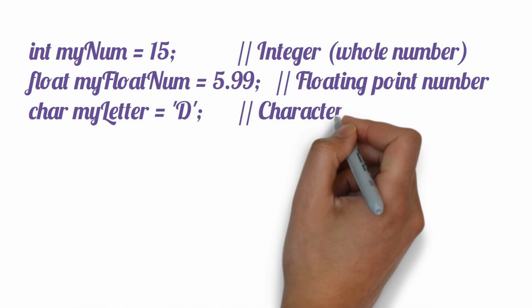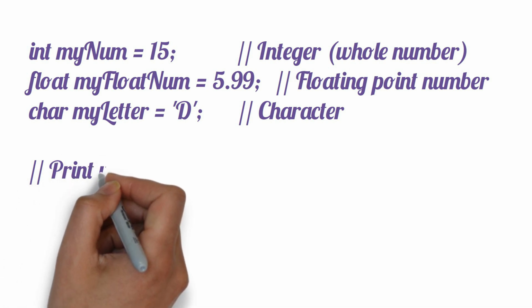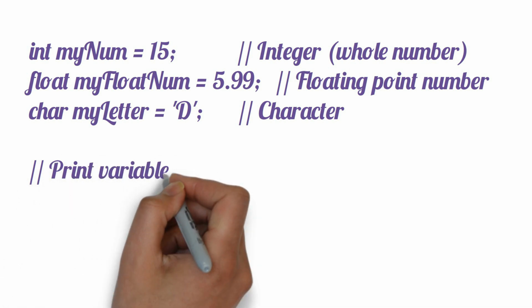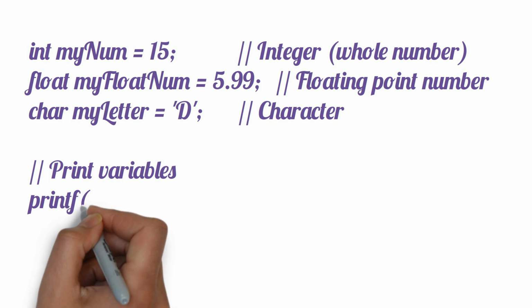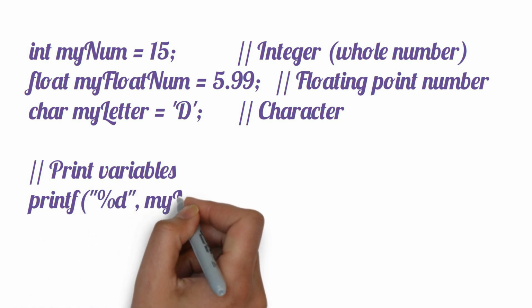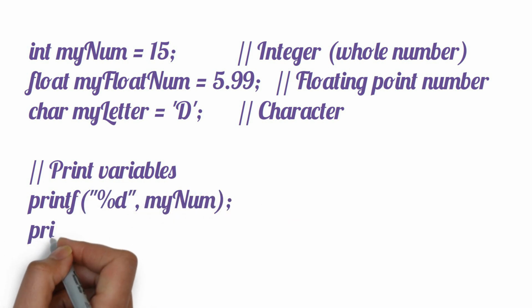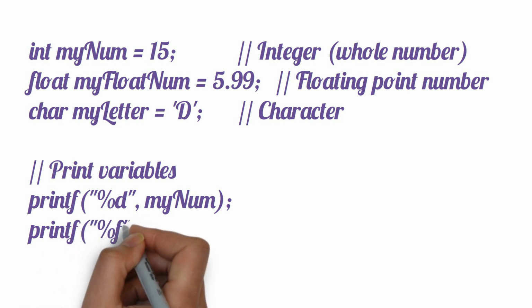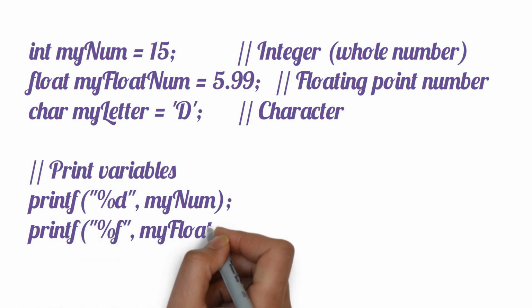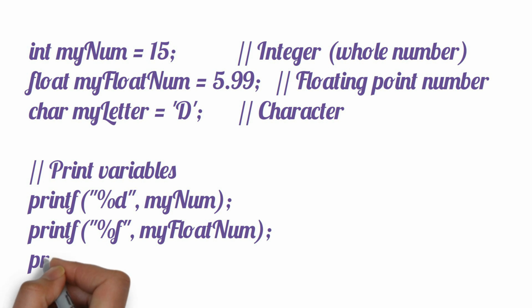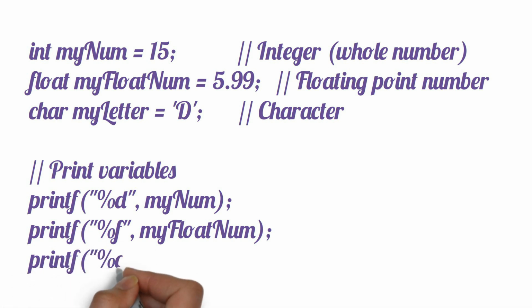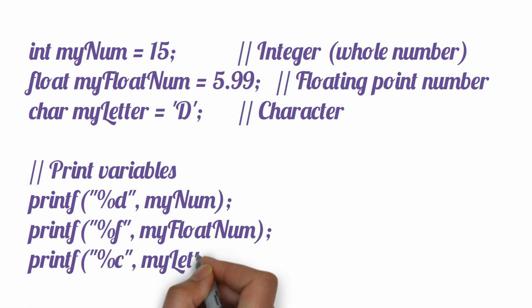As it is said before, a character variable should be enclosed in single quotes. Now, I'll print the integer value. To print an integer value, we need to write printf, open the round brackets, double quotes, percentage d, double quotes close, comma, mynum. So, mynum is an integer type, so that is why I am using percentage d.